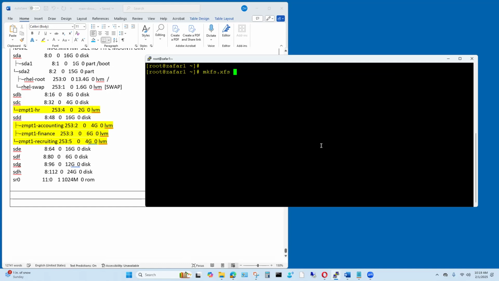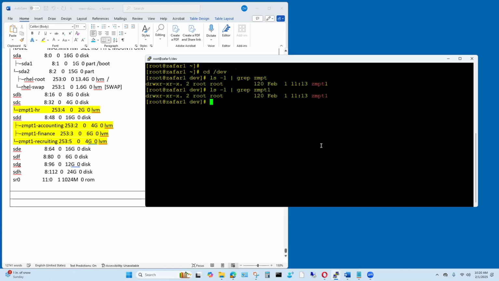And what you have to do is, let's go to cd dev and then do ls -l and grep for ZMPT or ZMPT1. So what do we have here?